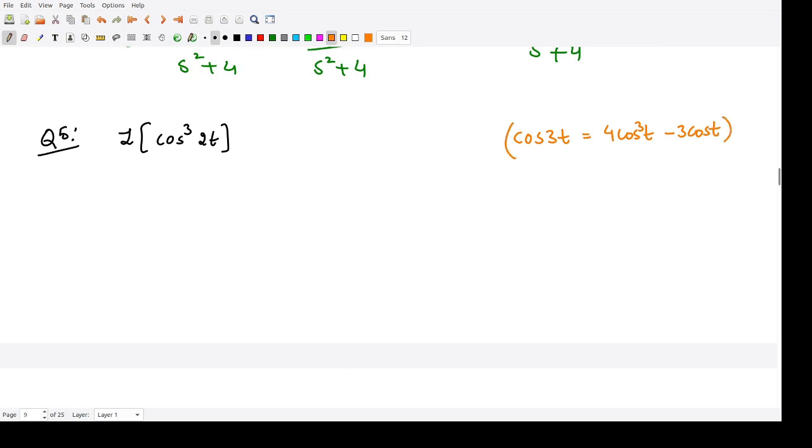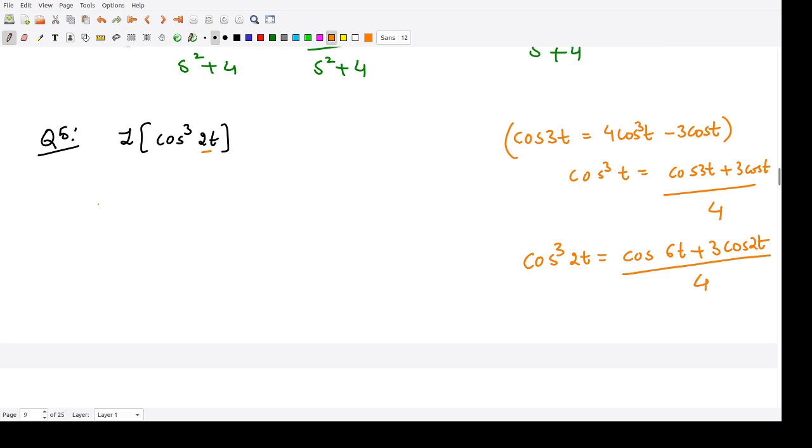So using this we can write cos cube t as (cos 3t plus 3 cos t) divided by 4, and because we have 2t here, cos cube 2t is equivalent to (cos 6t plus 3 cos 2t) divided by 4.